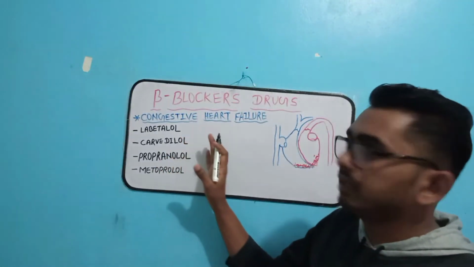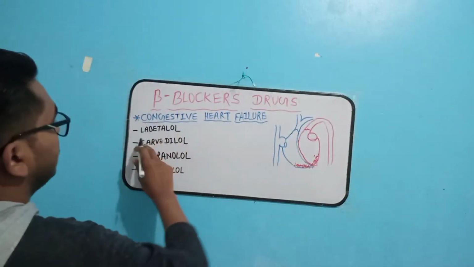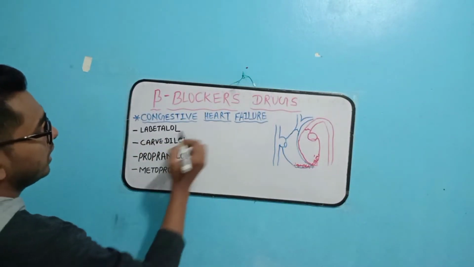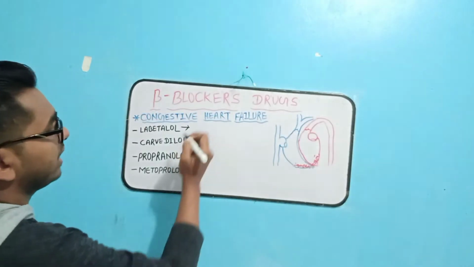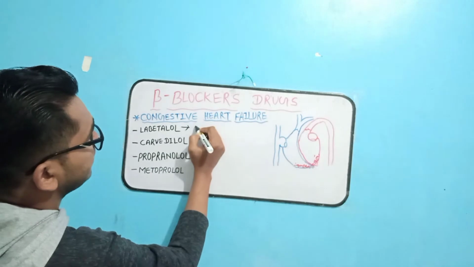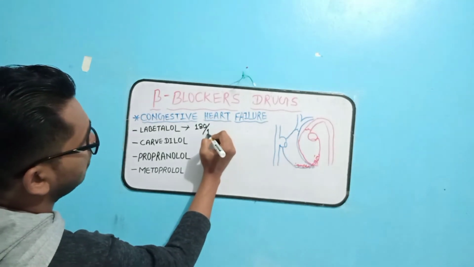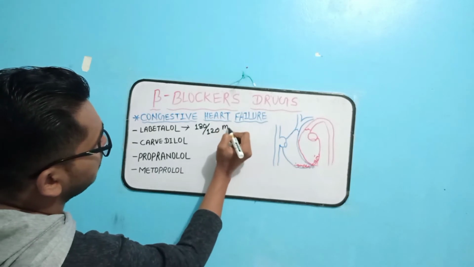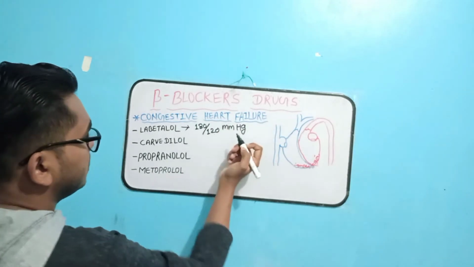These are the drugs mainly used in the congestive heart failure patient. First, labetalol. This labetalol is used when the patient is hypertensive, that is, when the patient has blood pressure 180 over 120 mmHg.